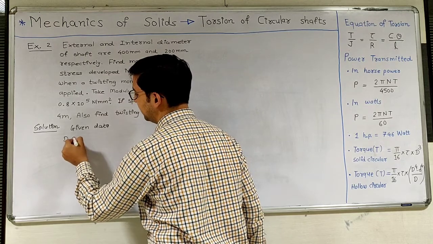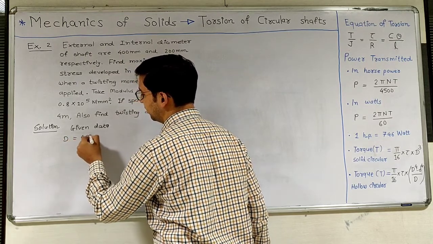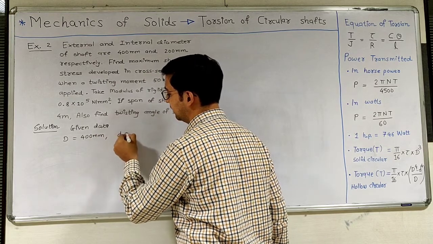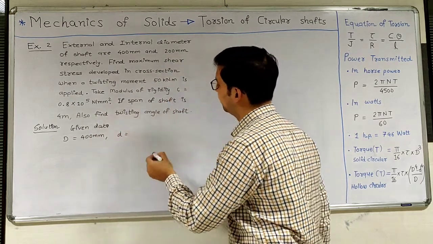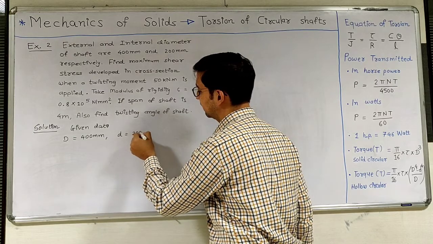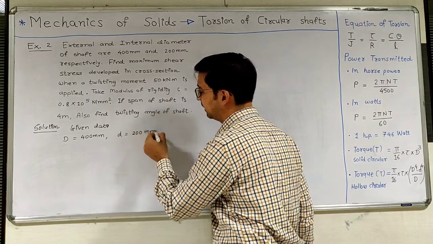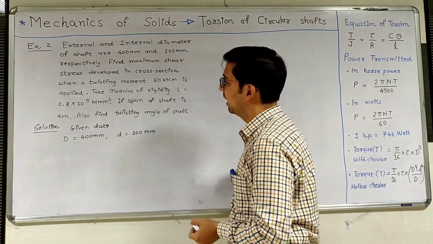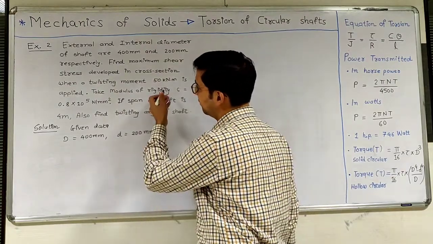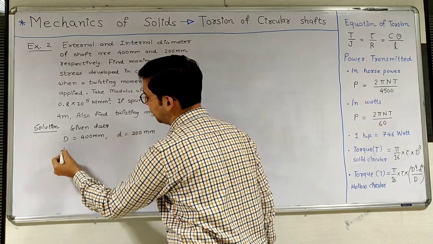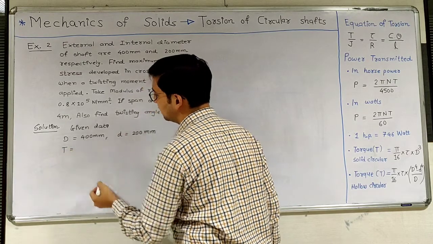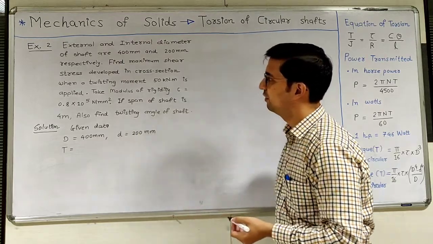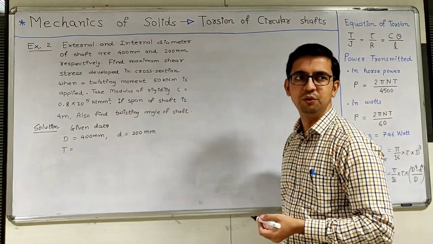External diameter is given as 400 mm and internal diameter is given as 200 mm. External diameter is indicated by capital D and internal diameter by small d. Next, data about the twisting moment, which is indicated by capital T, is 50 kilonewton into meter.